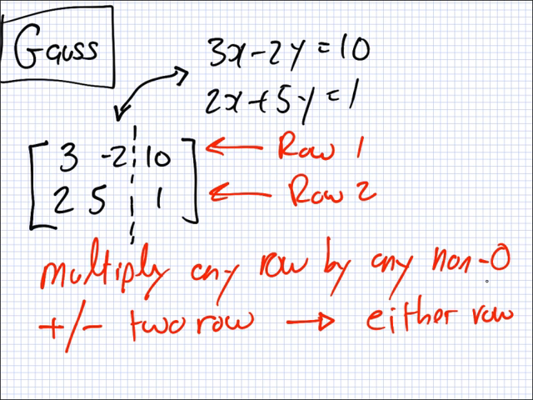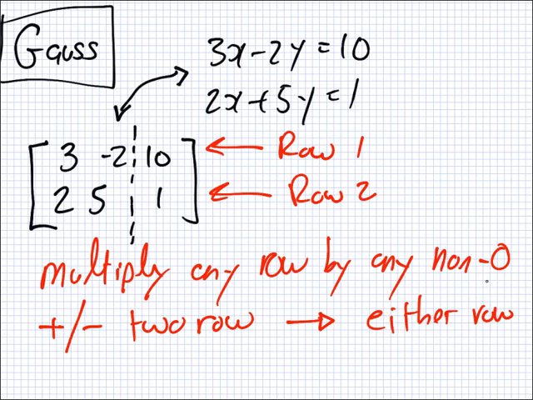So for example, you could do row 1 minus row 2 and put the answer on row 2. Or you could do row 1 minus row 2 and put the answer on row 1. You could do row 1 multiplied by 10. You could do row 2 multiplied by 100. These are the 2 rules. You can multiply by any number that's not 0, and you can add or subtract any rows together, and you're allowed to put the answer on either row.